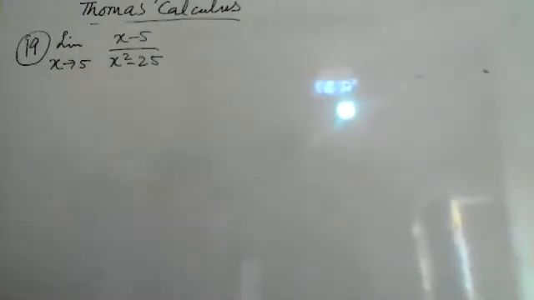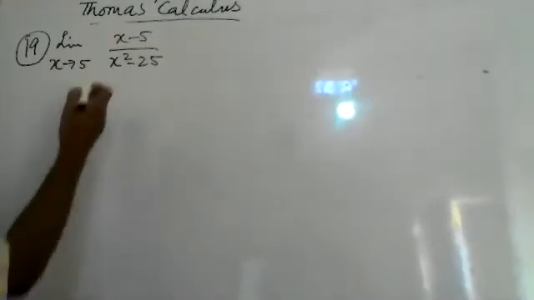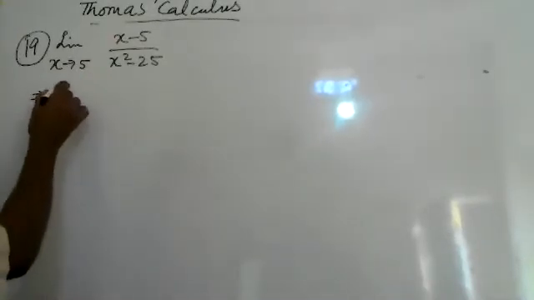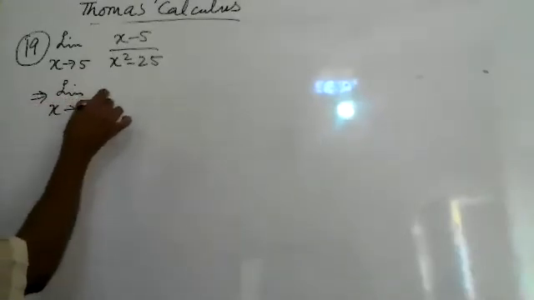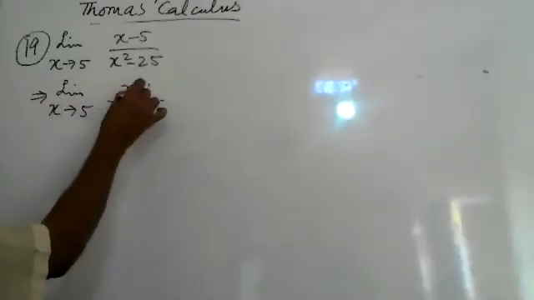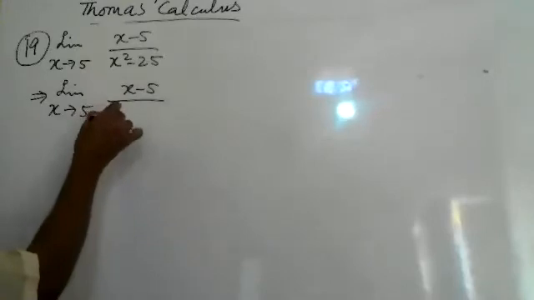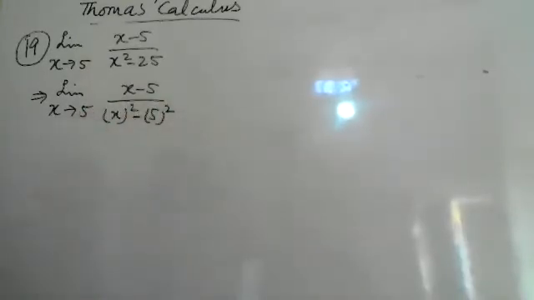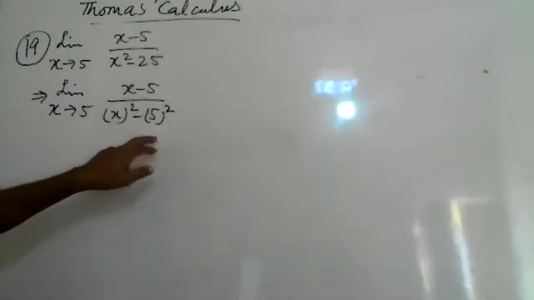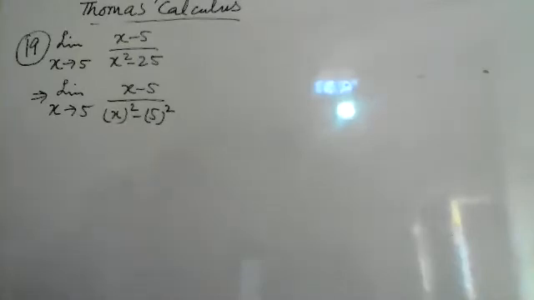Numerator x minus 5 cannot be factorized, but the denominator can be factorized. Limit x tends to 5, x minus 5 written as it is. Here, this is the square of x, this is the square of 5.